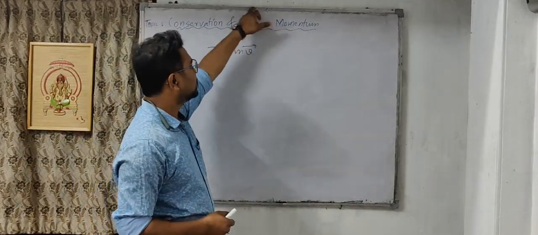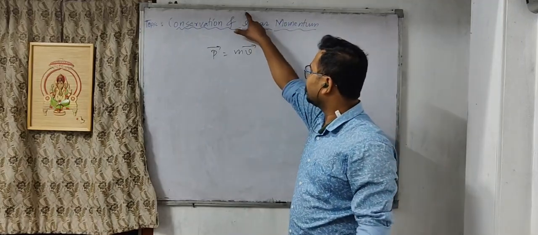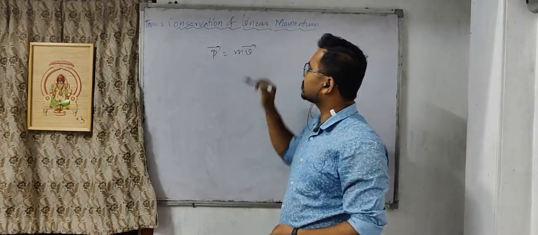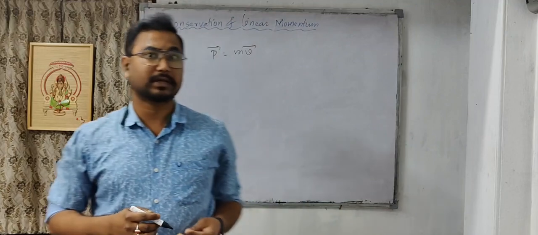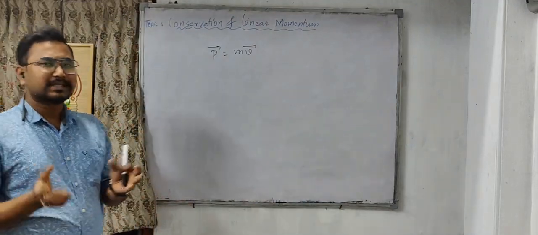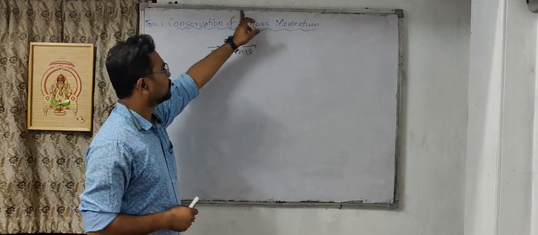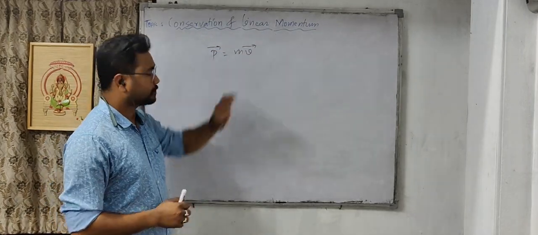Linear means which moves in a straight line. We mention linear here because later in the next chapter we will learn there is another kind of momentum, which is angular momentum. That's why here we are doing linear momentum.